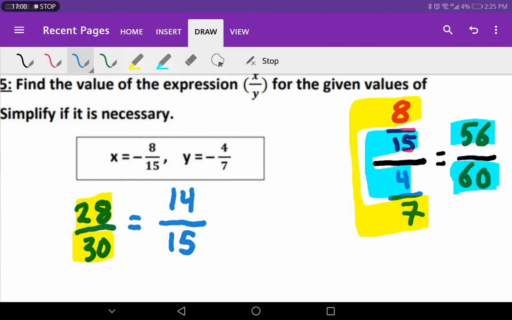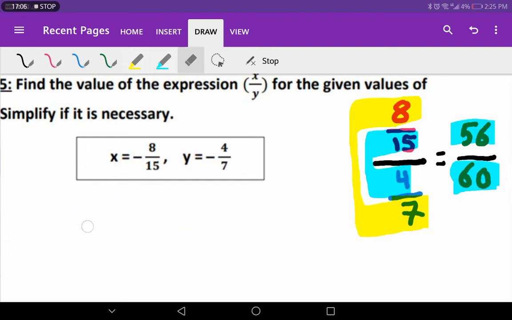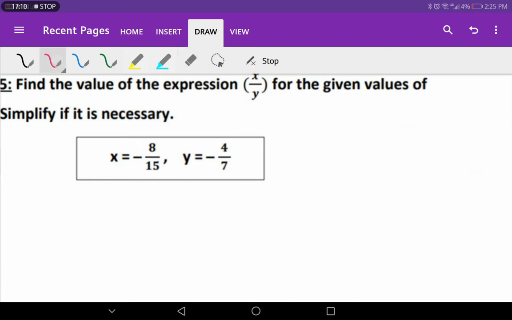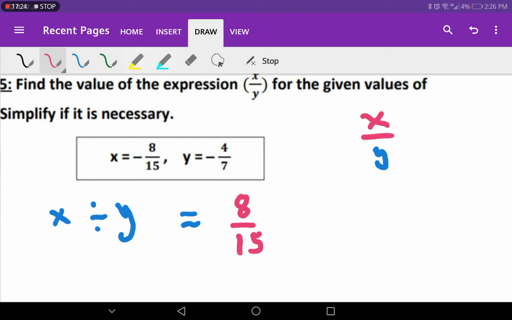Okay, this is the first way. If you want the traditional way, it is like this. X over y means x divided by y. And this means 8 over 15 divided by 4 over 7.